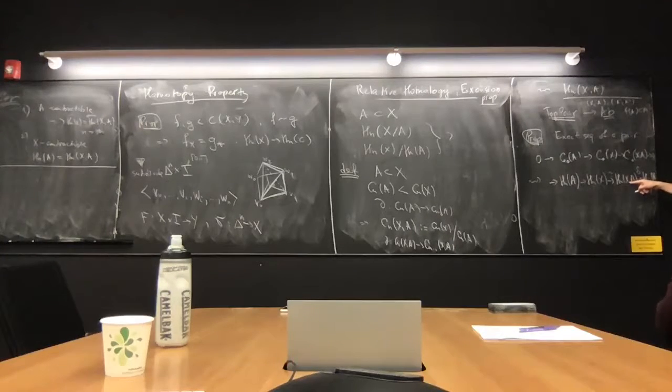So what is the geometric interpretation of elements of relative homology, or relative chains? How are they different from just chains in X?